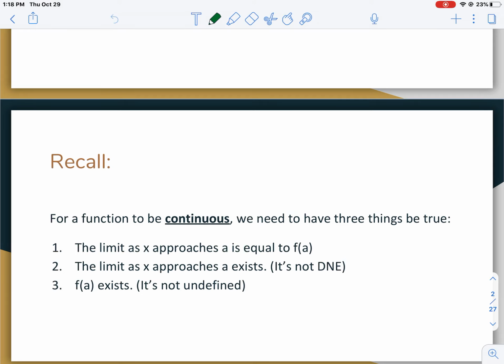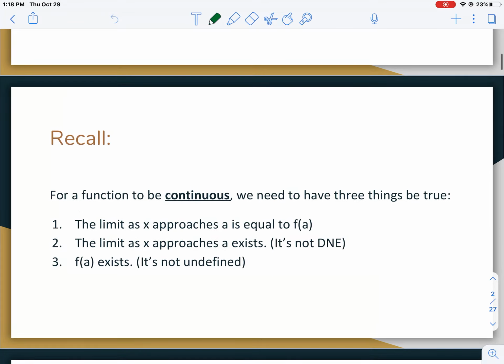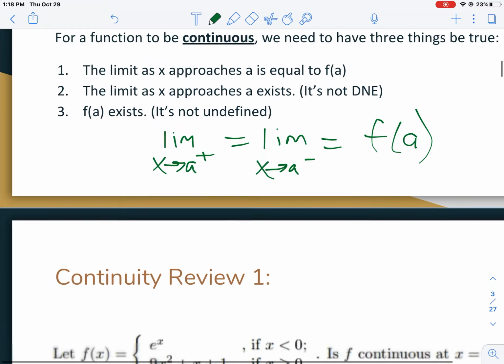Now, the limit has to exist for this to work, so if f of a is undefined, or if the limit doesn't exist, then this is all bunk, right? It doesn't work, okay? So, again, the limit as x approaches a from the right has to be equal to the limit as x approaches a from the left, and then it has to be equal to f of a, okay?